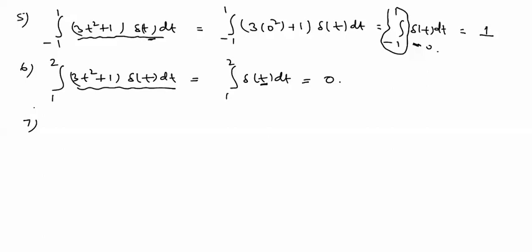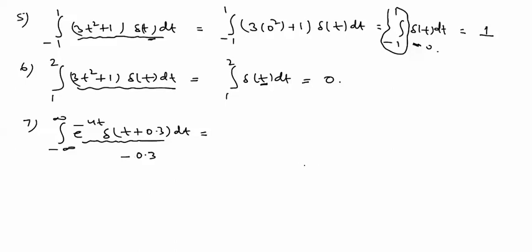This is the last one, I think. Integral from minus infinity to infinity of e power minus 4t del t plus 0.3 dt. In this question, we again solve the same way. The impulse is located at minus 0.3.